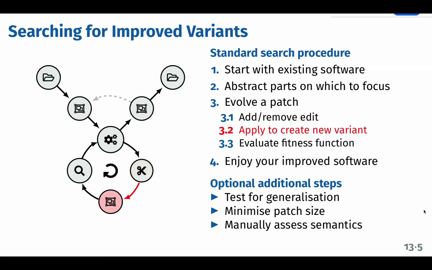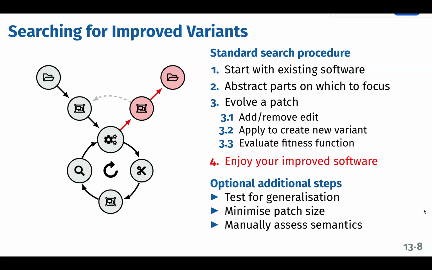Then from your new patch, you apply all the transformations, create a new variant for which you can evaluate the fitness to see whether or not your new variant is more interesting or less interesting. You evolve that to get a larger and larger patch, better and better variants, until the search ends and you can realize your transformations and get your improved software at the end.